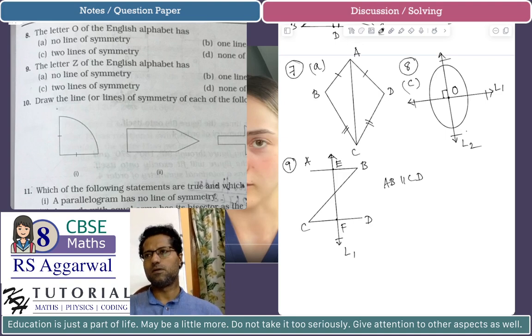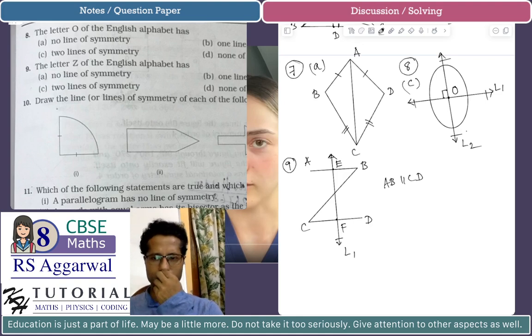It is a broken line, a broken shape. We are not getting any proper shape.